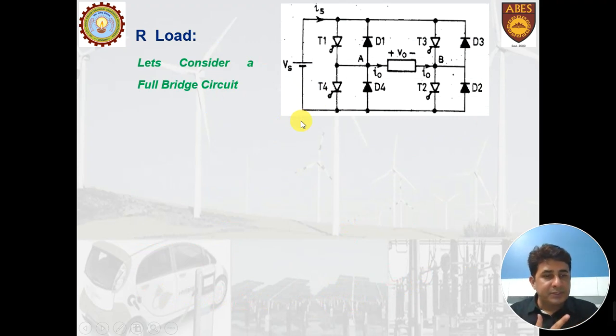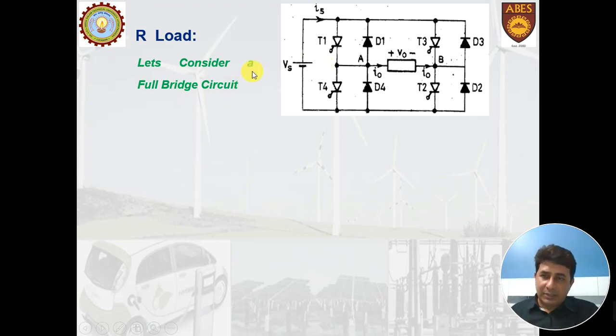For all my further discussions, I will use the full bridge circuit because the full bridge circuit is the only one which is used. Half bridge was discussed just for your understanding. It is the full bridge circuit which is mostly, and in fact, used.